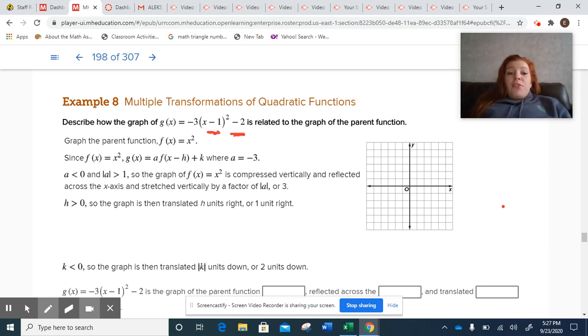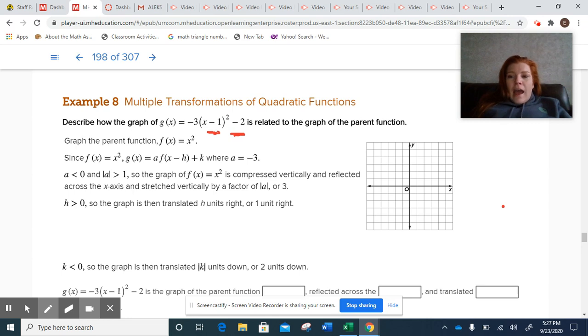We have a flip, a reflection across the x-axis. That's the negative on the 3 out front. We also have a vertical shift on the 3 because it's outside of the parentheses. Okay, so there's 4 things that are happening on this one. Very, very important. It does matter the order in which you do these.